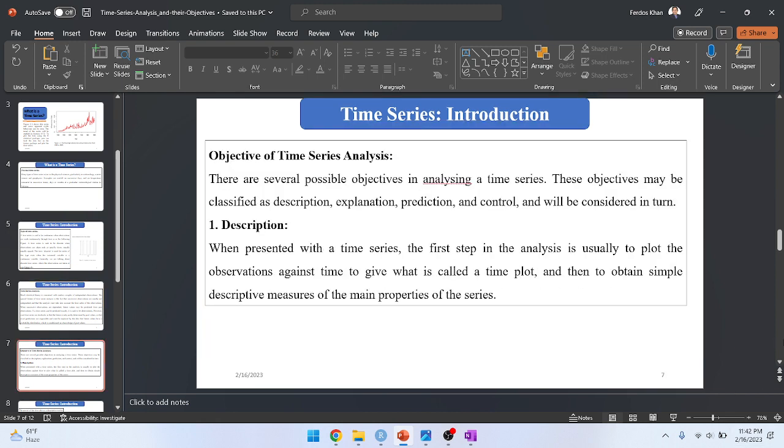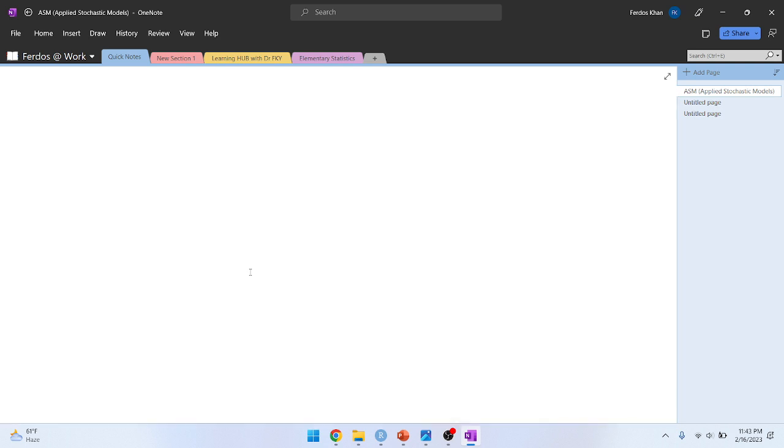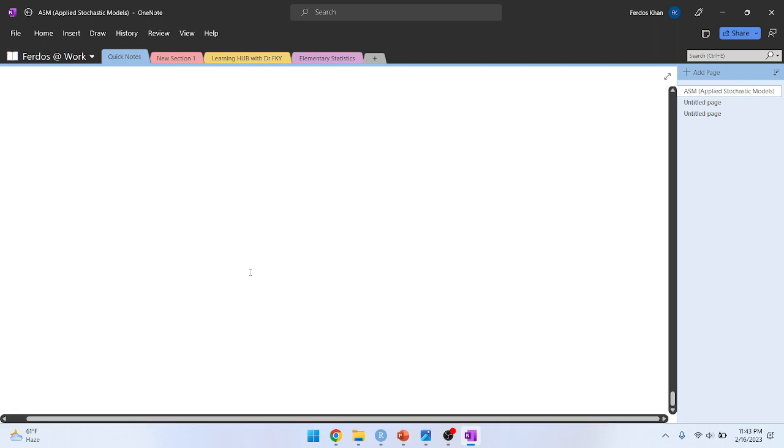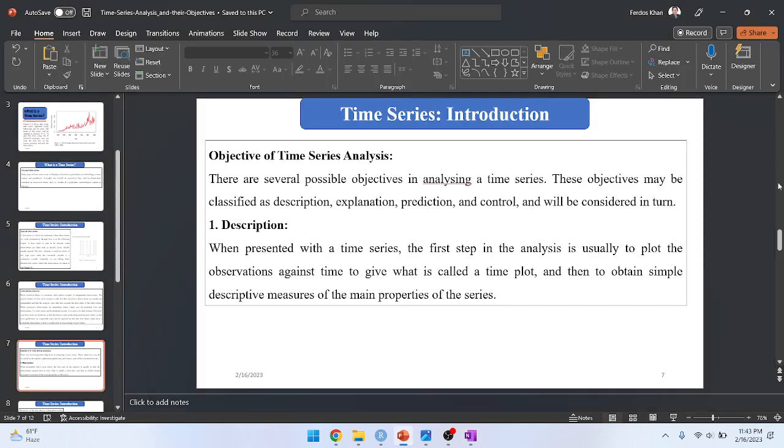And now let's move to the objectives of time series. There are four objectives of time series. I would like to write this now. Before going to the objectives, you can write the time series like this.